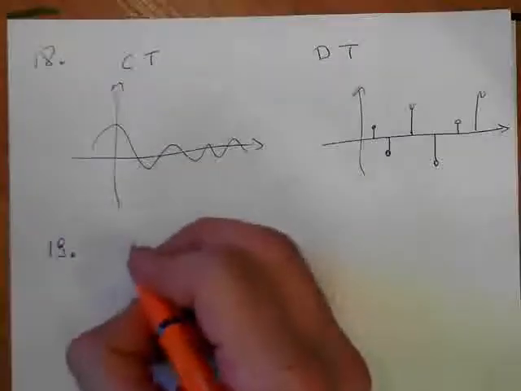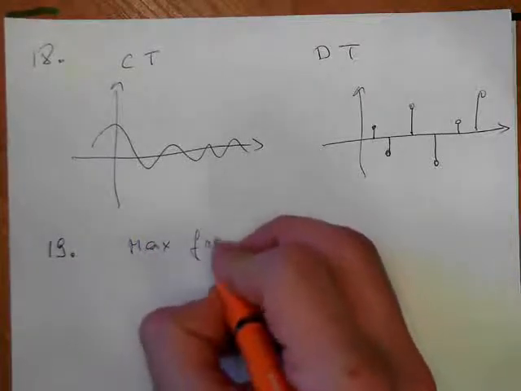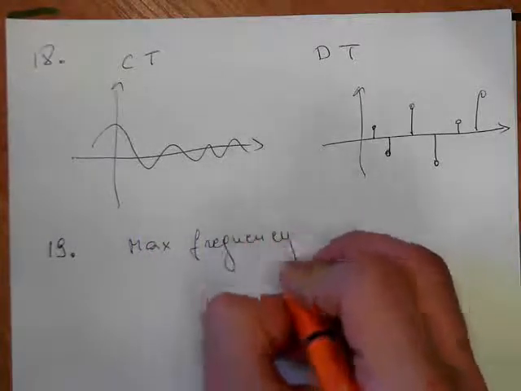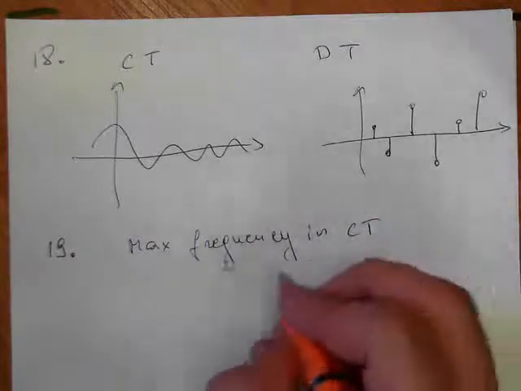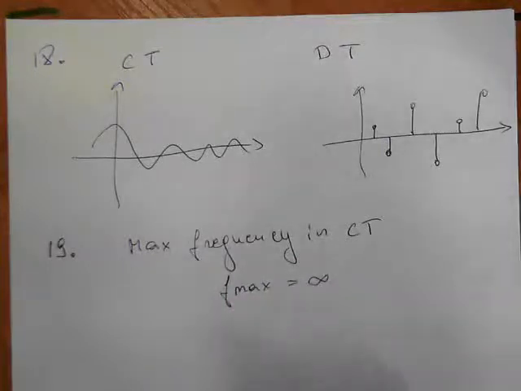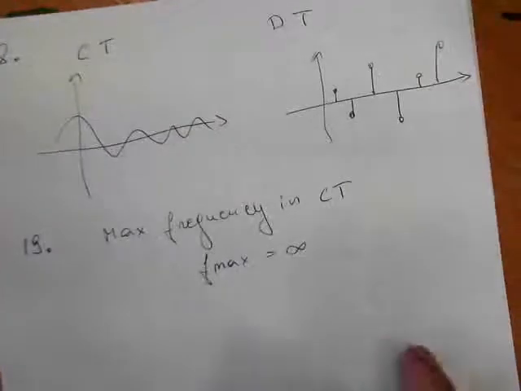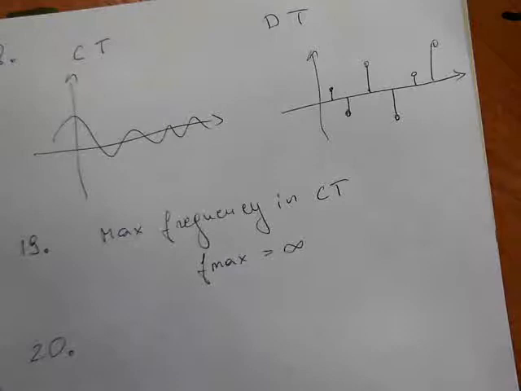19. Maximal signal frequency in continuous time. Max frequency in CT. So what is it? F max is infinity. We have talked already about it. Next, the stages of conversion of continuous time signal to discrete time signal.